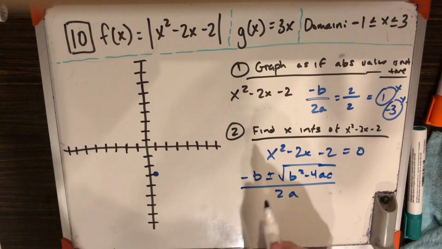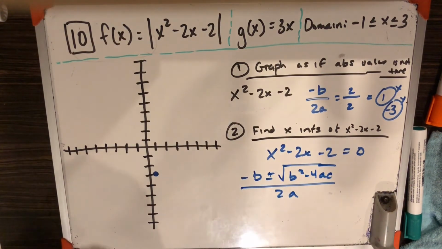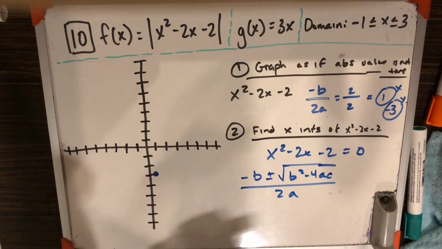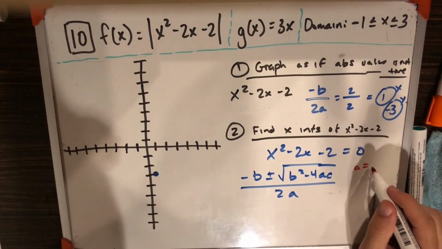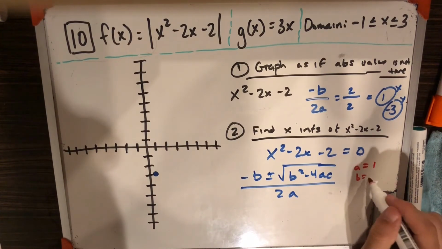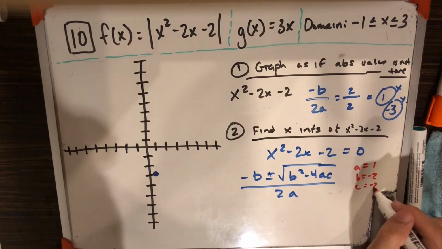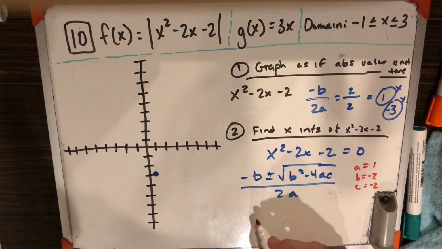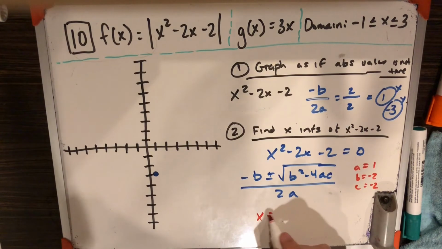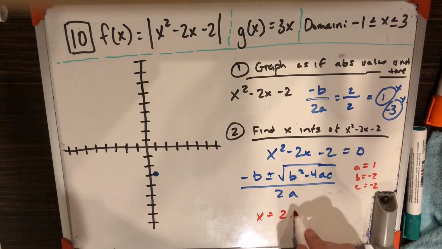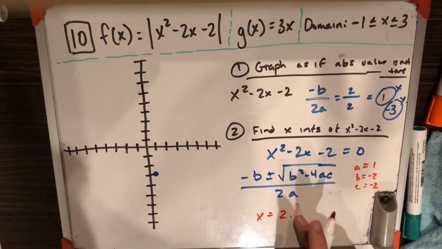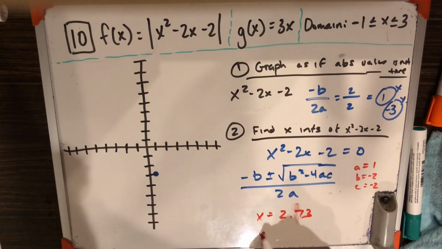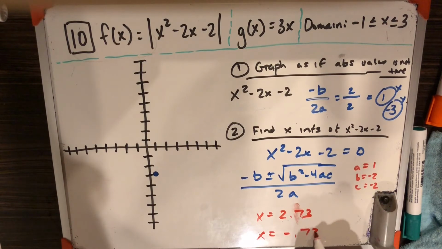Okay, I know I'm going to plug in the following. Actually, I might take a shortcut here and just simply tell you what you end up getting. I end up getting, well, a is equal to 1, b is equal to -2, c is equal to -2 as well. I plug those all in, and I end up basically having x equal to 2.73, and x is also equal to -0.73.